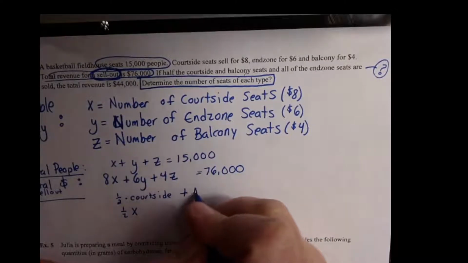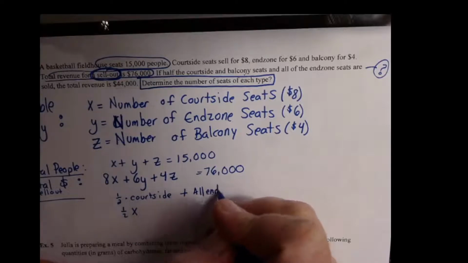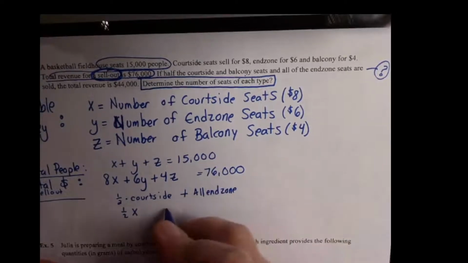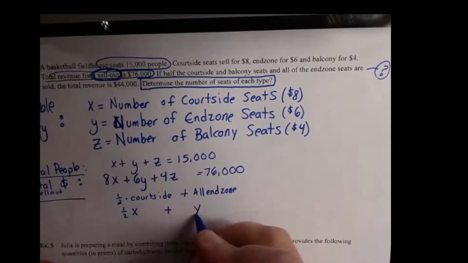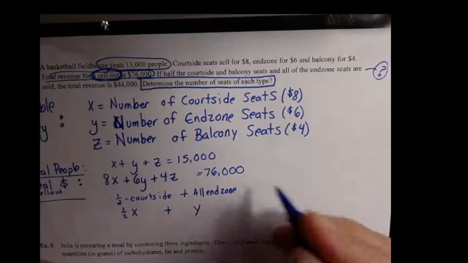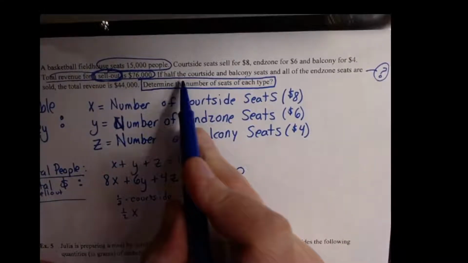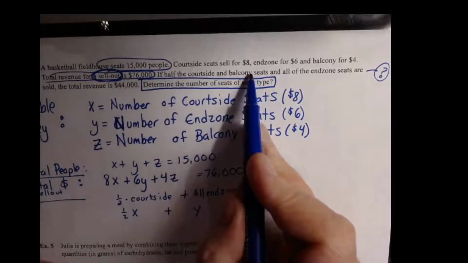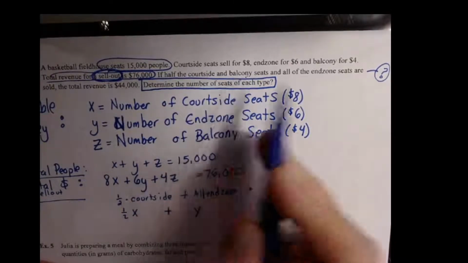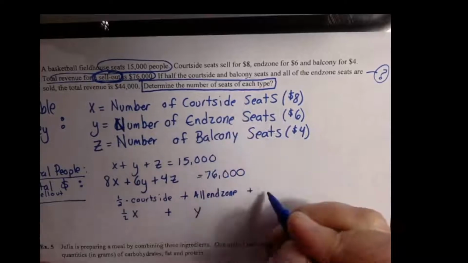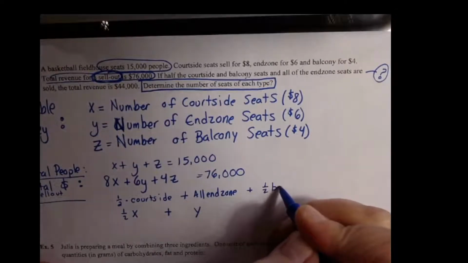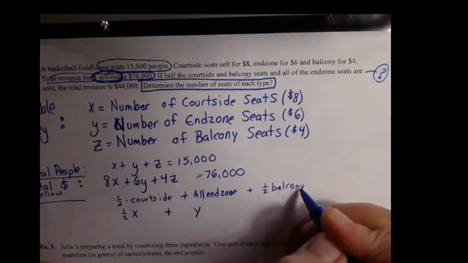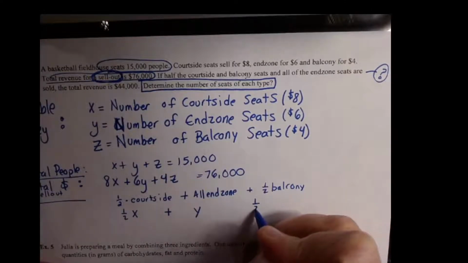So I'm going to write all the end zone, so that would be plus all of the end zone, not half of them, plus, and this is assumed that it's half a balcony again, because otherwise they would have written half again, or they would have written all. So then we have half of the balcony seats, so that's 1/2 Z.